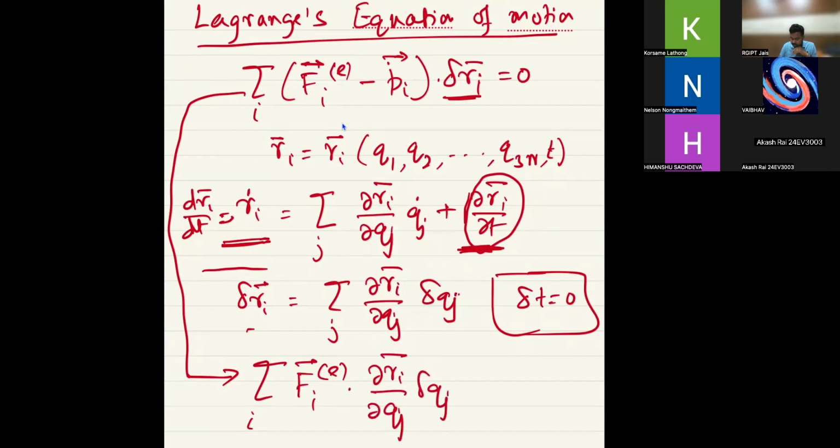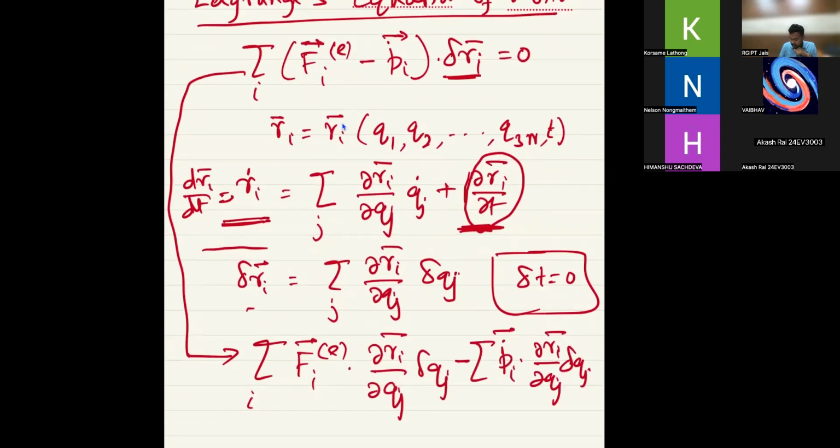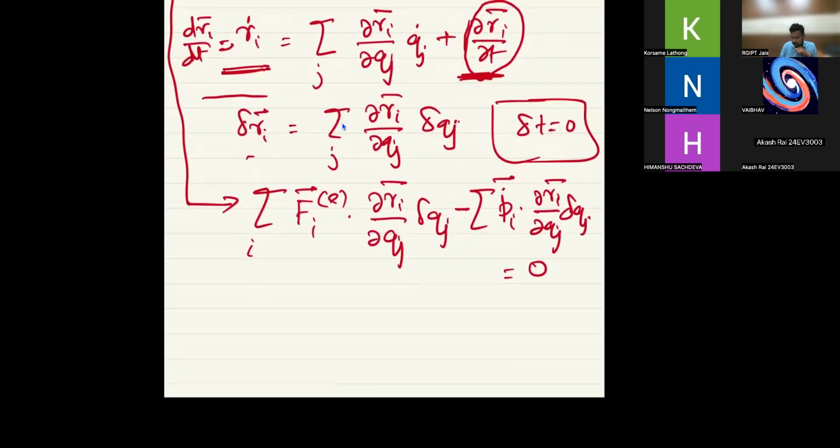This will be one term. Plus, you will have the Pi term, not plus, this will be minus. You also have the Pi dot term, right? So you will get minus Pi dot, and then del Ri del Qj delta Qj. This should be equal to 0.